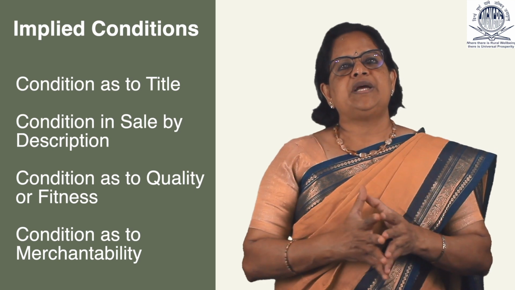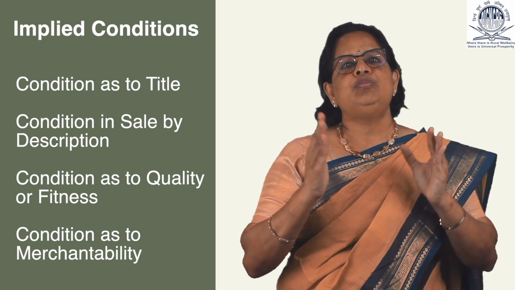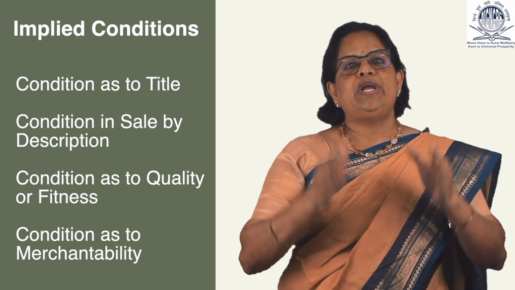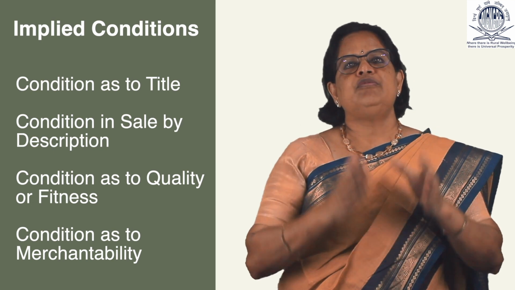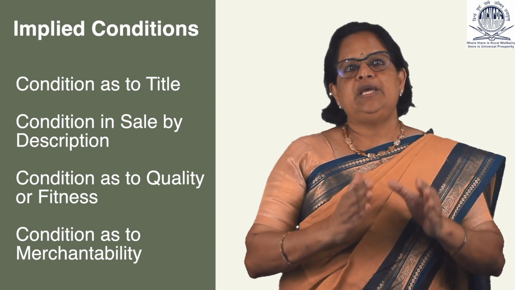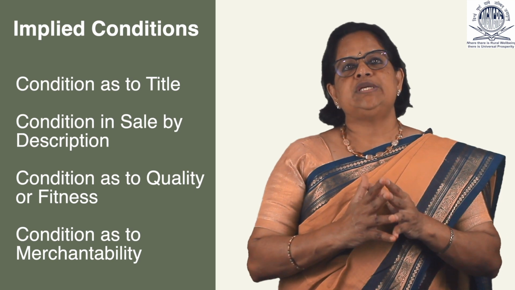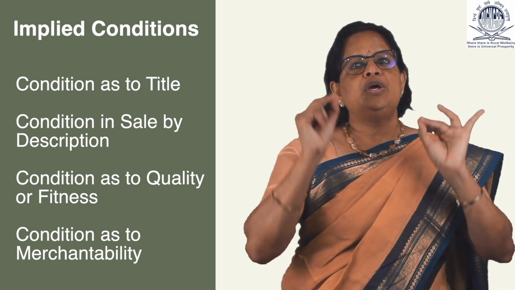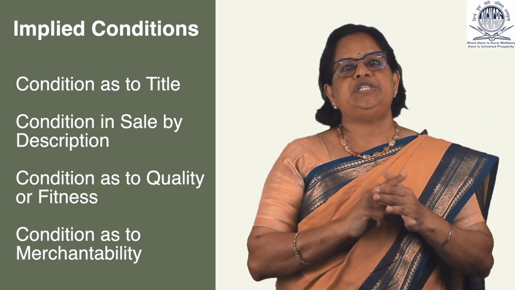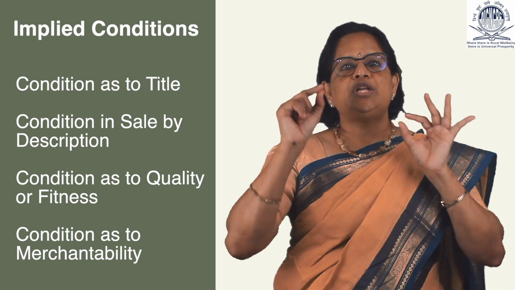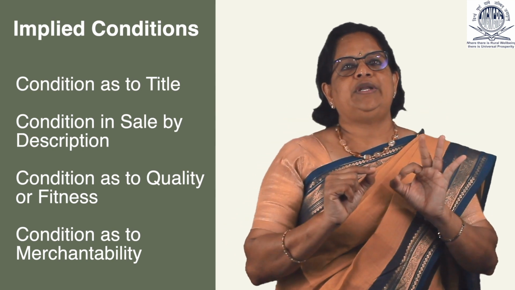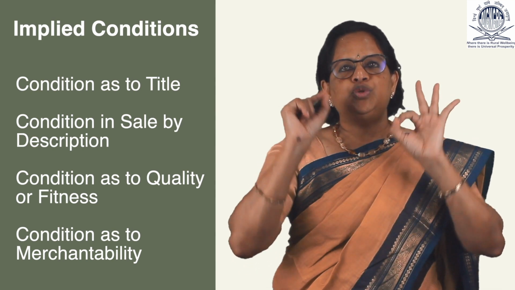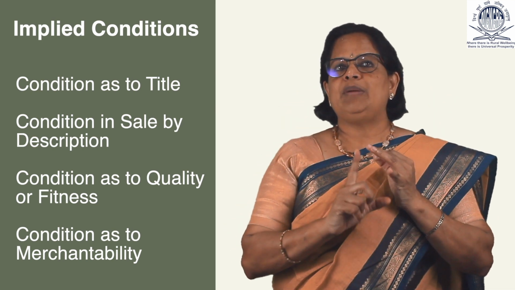The next implied condition is condition as to merchantability, where the goods are bought by description from a seller who deals in goods of that description, that there is an implied condition that goods shall be of merchantable quality. There are two conditions to be satisfied and two requirements for this condition to apply.